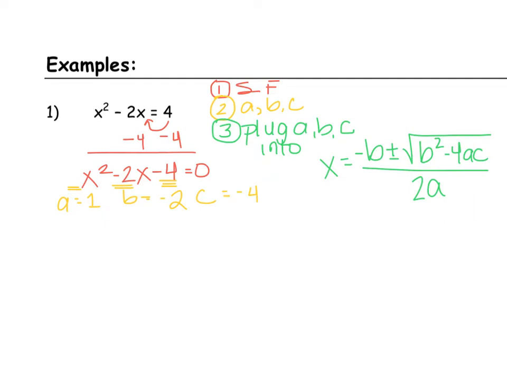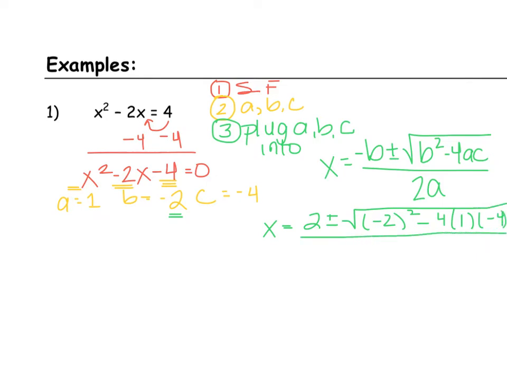So here I'm plugging in a negative 2 for b, so that gives me x equals positive 2 plus or minus the square root b squared, so that's negative 2 squared. Don't forget the parentheses so that we remember we're squaring a negative number. 4 times 1 times negative 4. And that is all over 2 times 1.